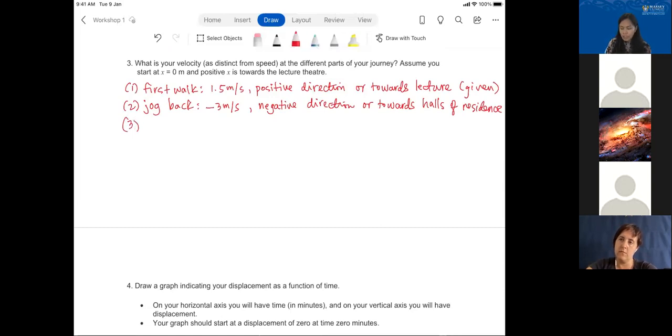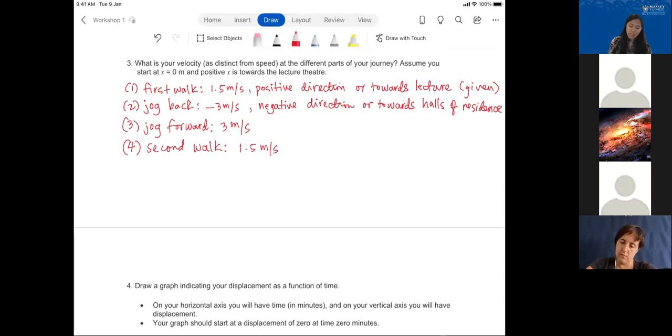Okay, so for the third segment, when you jog forward, it's the same jog, 3 meters per second. So you can just put positive 3 meters per second, and that accounts for the direction. And then finally, you walked halfway. So for the second walk, you walked at the same pace as your initial walk. So that's 1.5 meters per second.